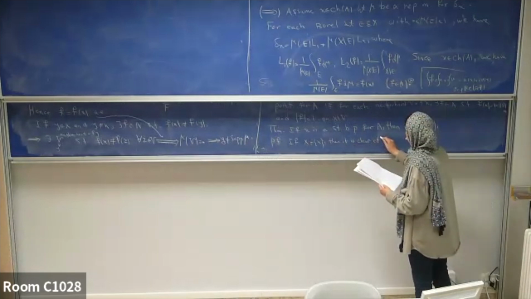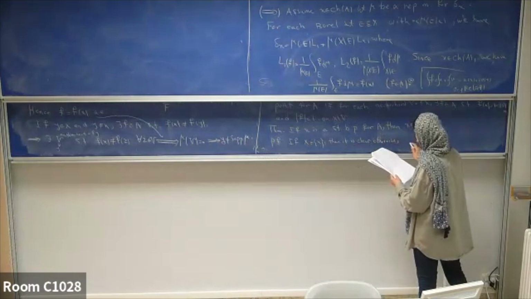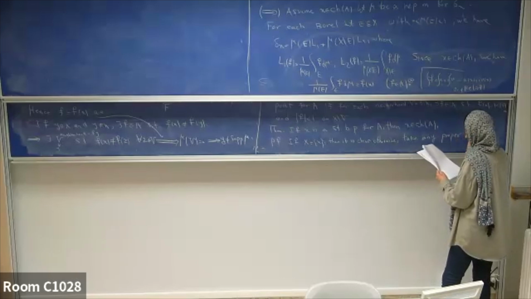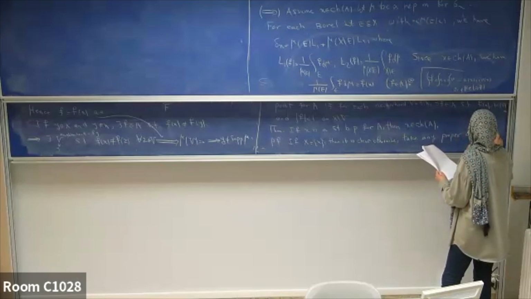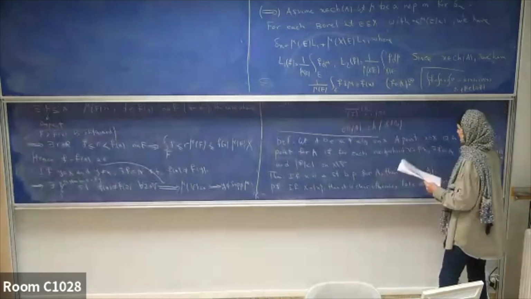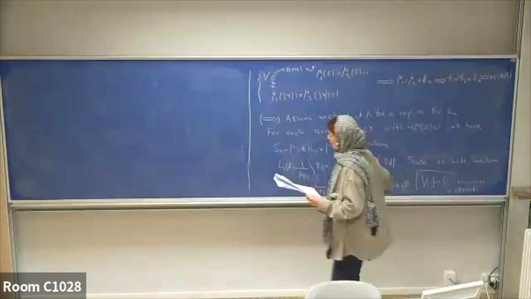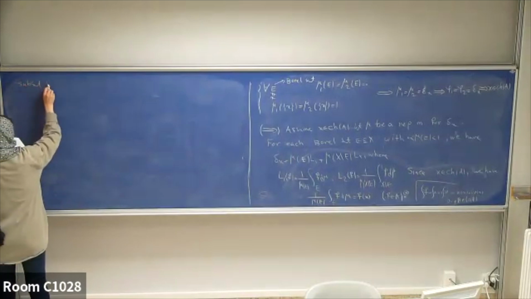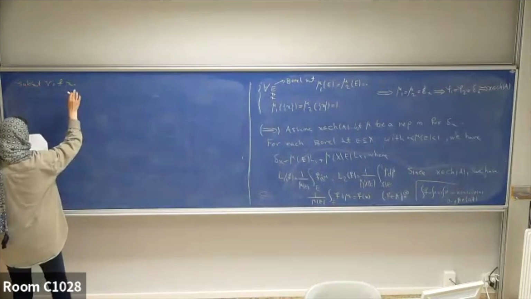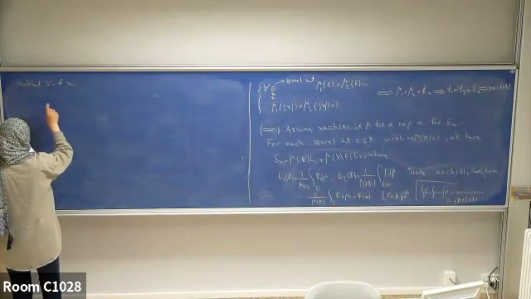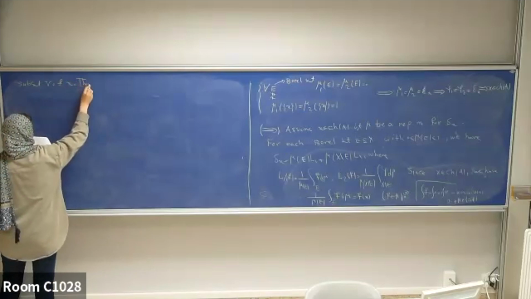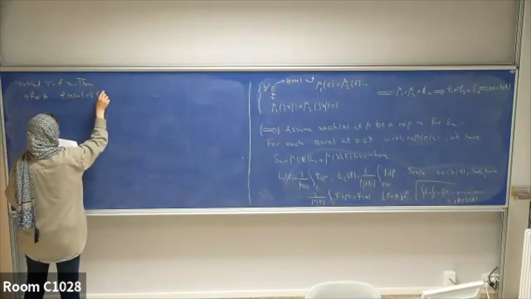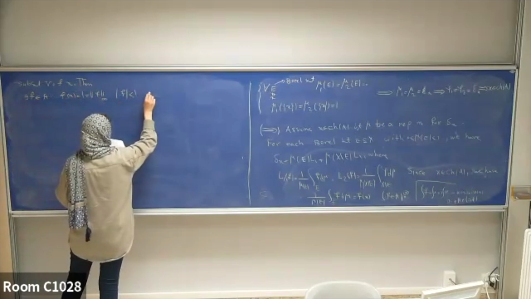And otherwise, take any proper open subset of X, like V. Because it's a strong boundary point, there exists f in A such that f of x is 1, equal to the supremum norm of f, and the absolute value of f is less than 1 on X minus V.